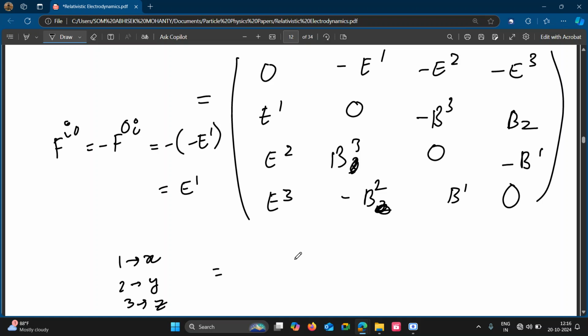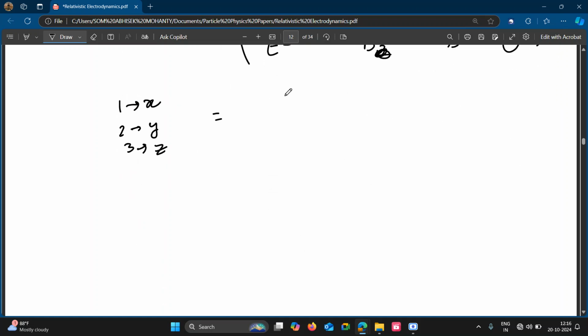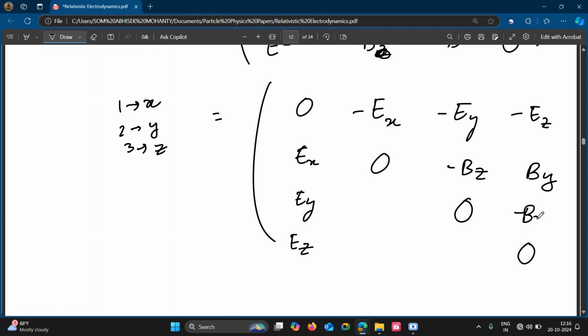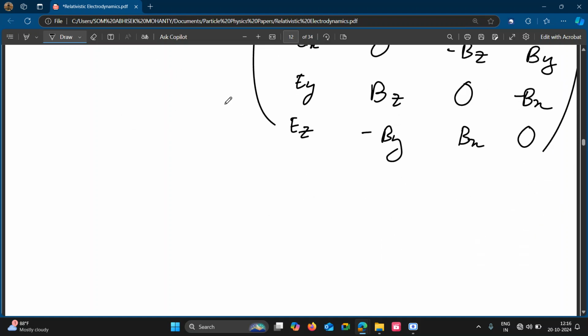So we can simply put it down as 0, minus Ex, minus Ey, minus Ez, and here Ex, Ey, Ez, 0, 0, 0. This will be minus Bz, this is By, and this is minus Bx. So this is your F alpha beta, which is your electromagnetic field tensor.